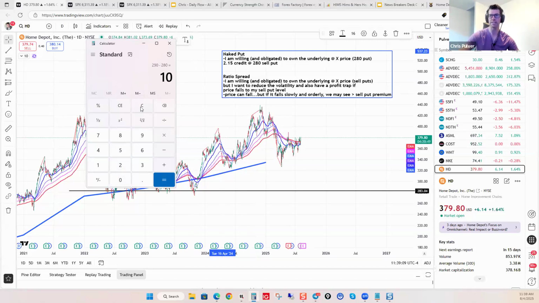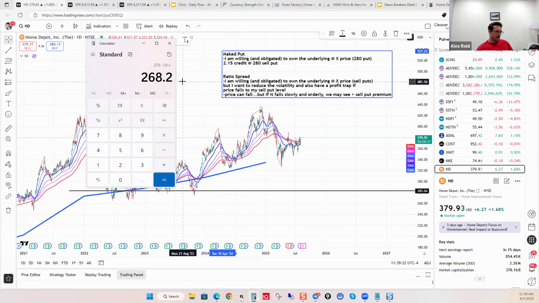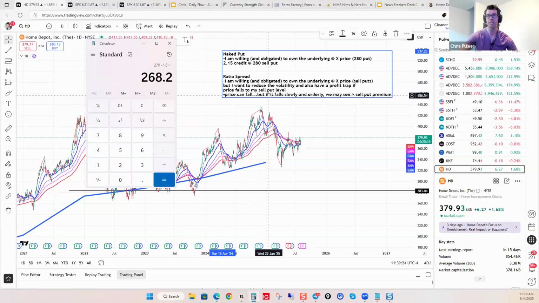So if I get assigned at 280, I take away a $10 credit because that's actually a $10 wide profit trap, and I still get a $1.80 credit. I own the shares on a ratio spread at 268. So that's a $9 improvement on my break-even cost, and I potentially have a $1,000 profit trap that I can work with. Again, the common denominator here is I'm still willing to own the shares.